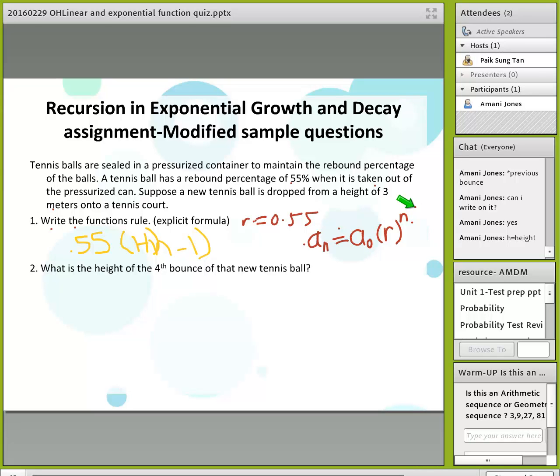And in this case, height, is it an exponent n minus 1?